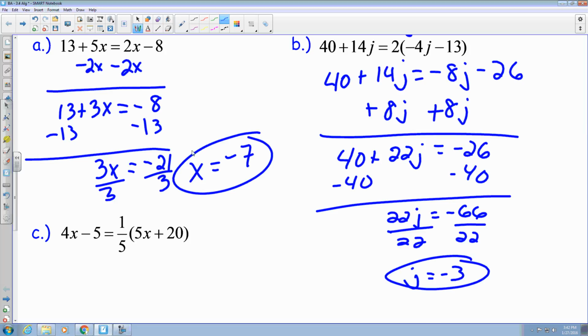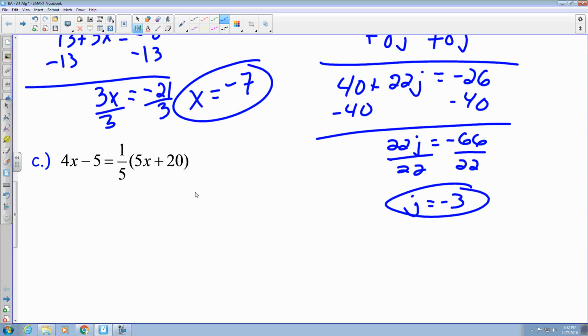Looking at this example C, you could multiply the right hand side by 1/5, but it's not as easy. What if I multiplied both sides by the reciprocal, which is 5 over 1? I multiplied 5 over 1 on both sides, which cancels out the 1/5 on the right hand side, but I have 5 on the left hand side, so I have to distribute the 5 over the 4x minus 5.